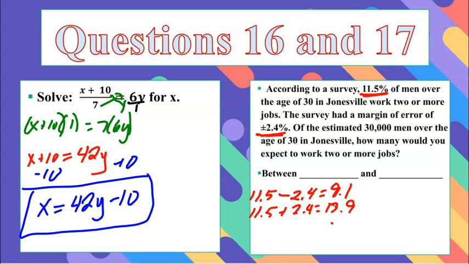Now to solve this, we have to find what is 9.1% of 30,000. So I'm going to multiply 30,000 by 9.1%, which I change to a decimal, 0.091.